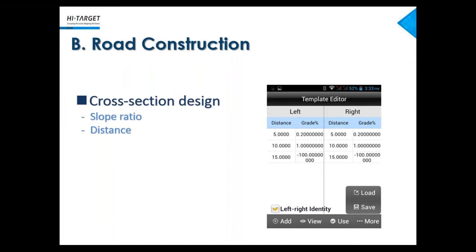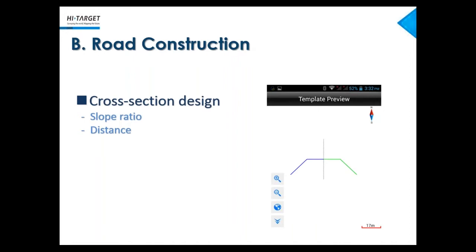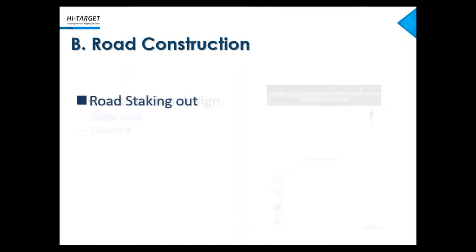That means the right is totally copied from the left, just like a mirror. Okay. Since we have already finished all the road design files, we need to import them, then we can go out and stake out.